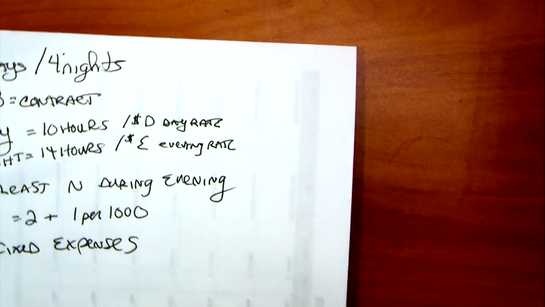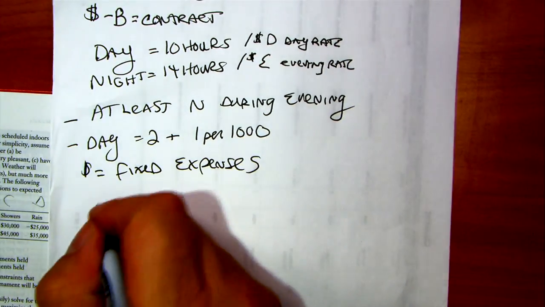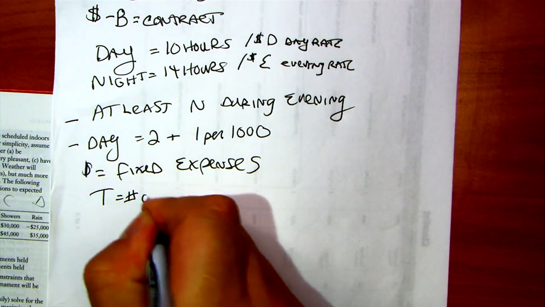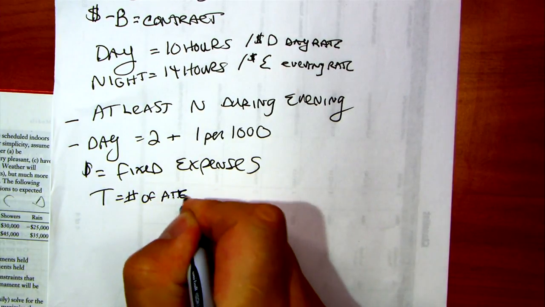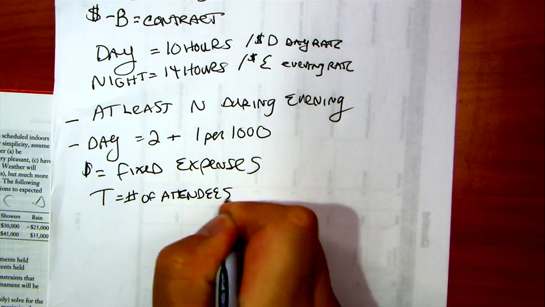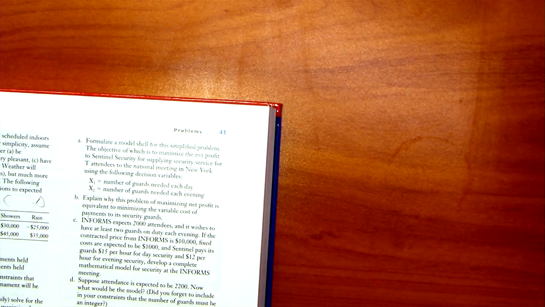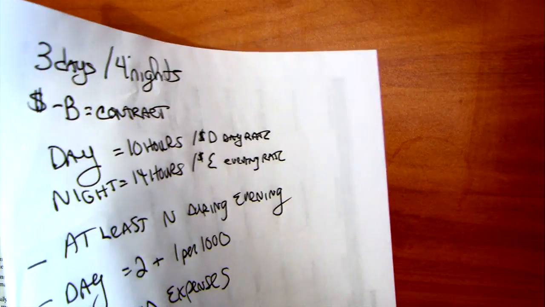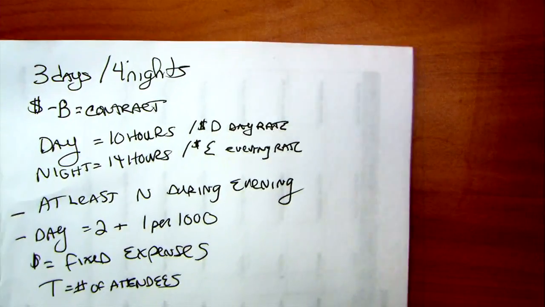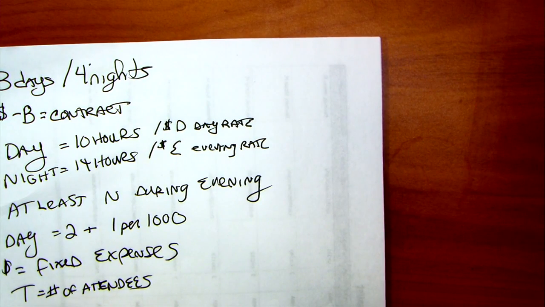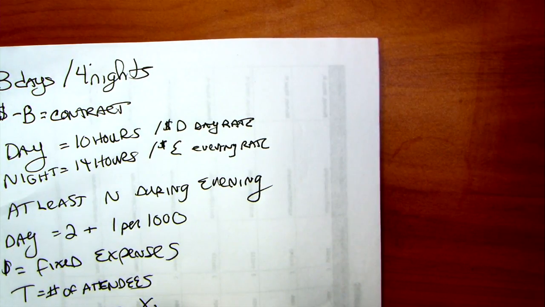So T is the number of attendees. And using the following decision variables, X1 is day guards and X2 is evening guards.